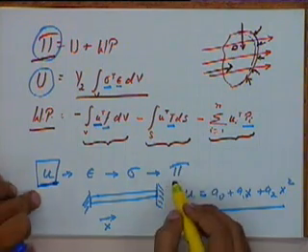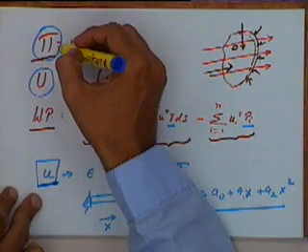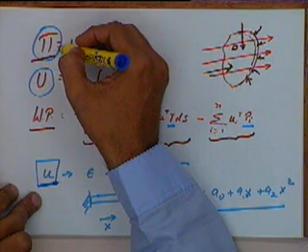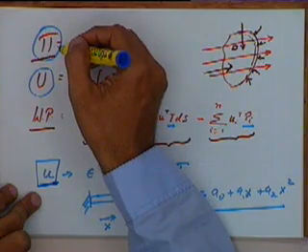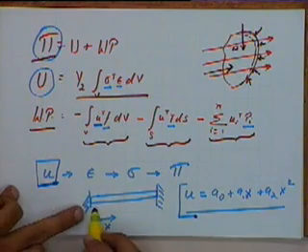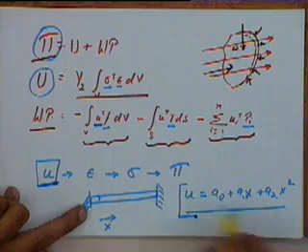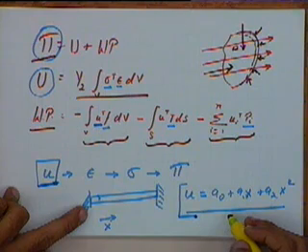And I know that in equilibrium my potential energy will always be a minimum. For stable equilibrium, potential energy is always a minimum. So if I assume that the deformation at any point is given by this equation, I can compute the potential energy using this expression.